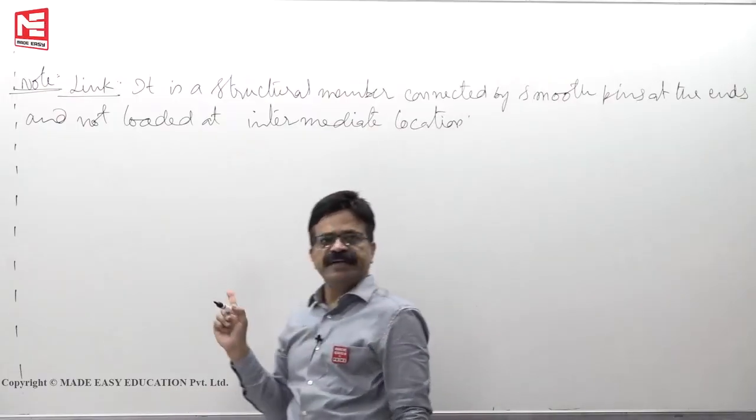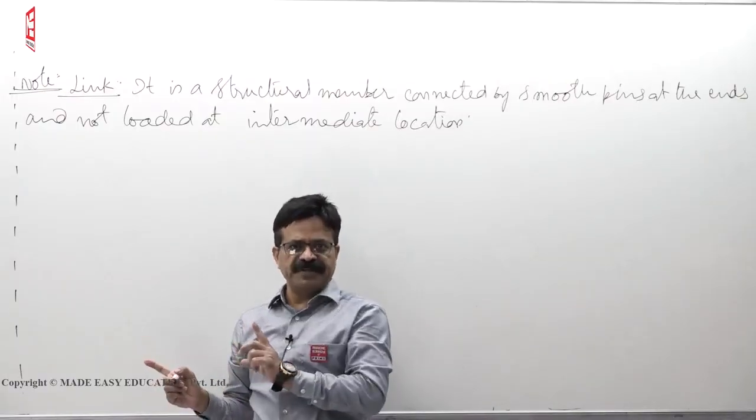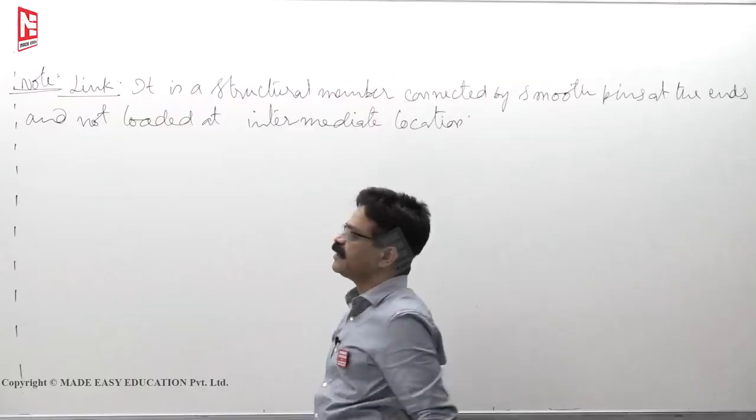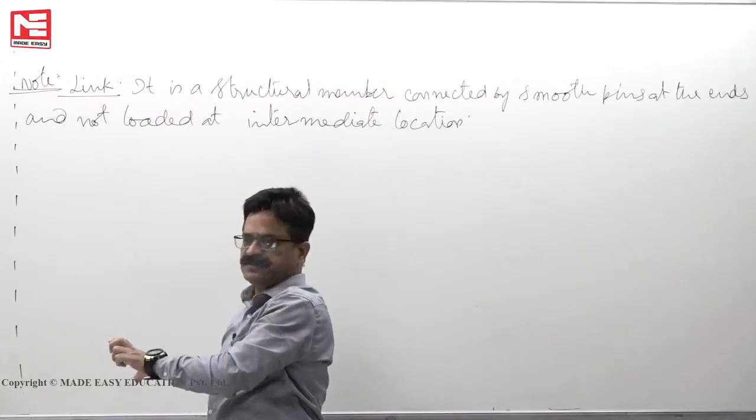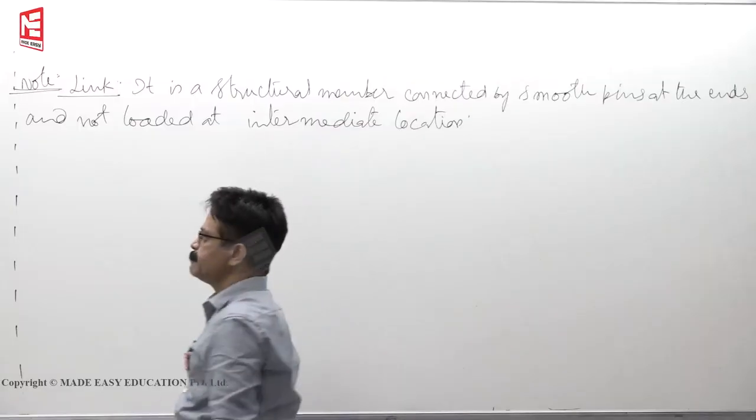It should not be loaded at intermediate location and connected by pins. Such construction we call it as a link. In a structure, if you have only links, then we call it as a truss.